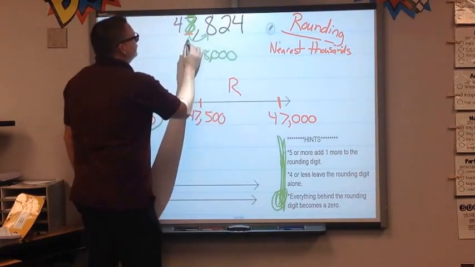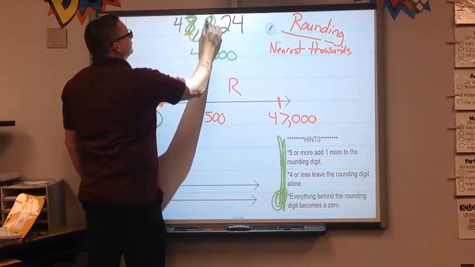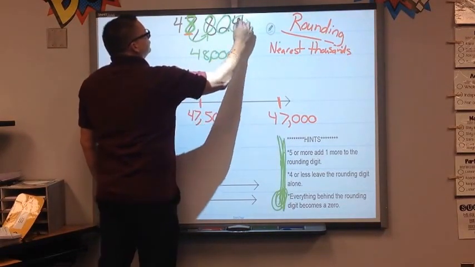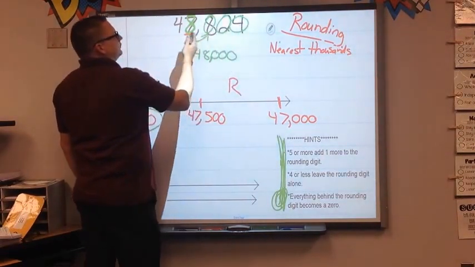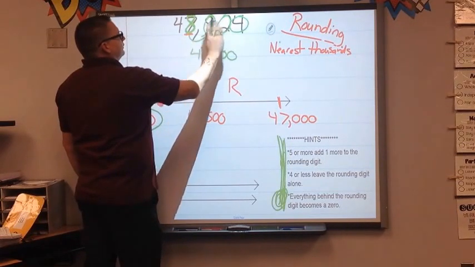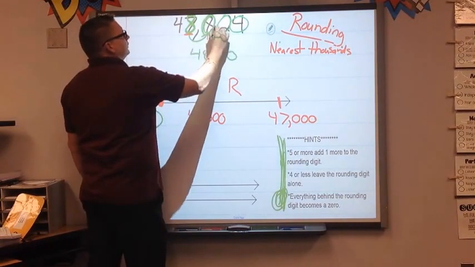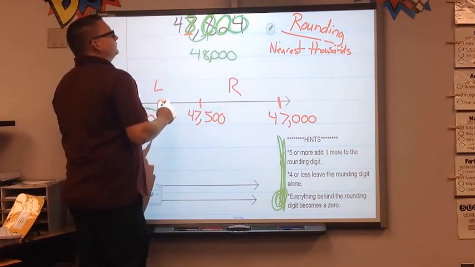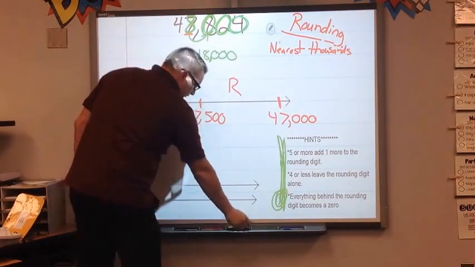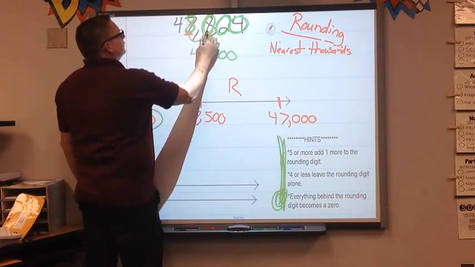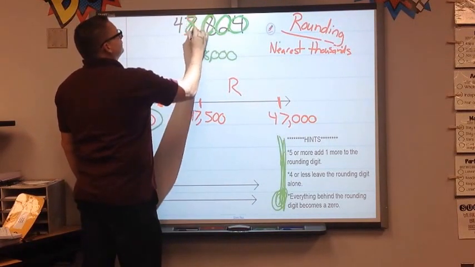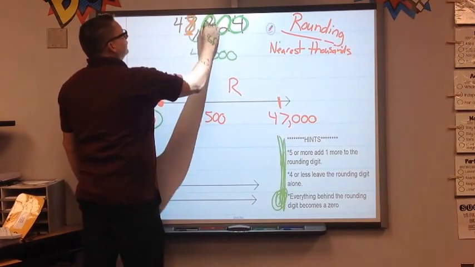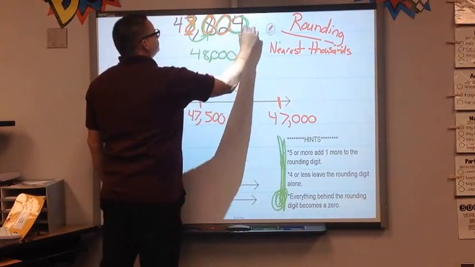Everything behind the rounding digit becomes a 0. What I was telling you last year is basically we get help from our neighbor, and then we kick our neighbor out. It becomes a 0. So the 8's telling us to bump up, and then everything behind the rounding digit becomes a 0.